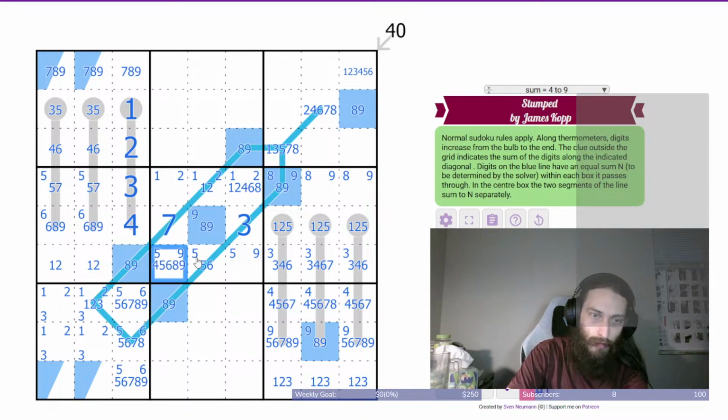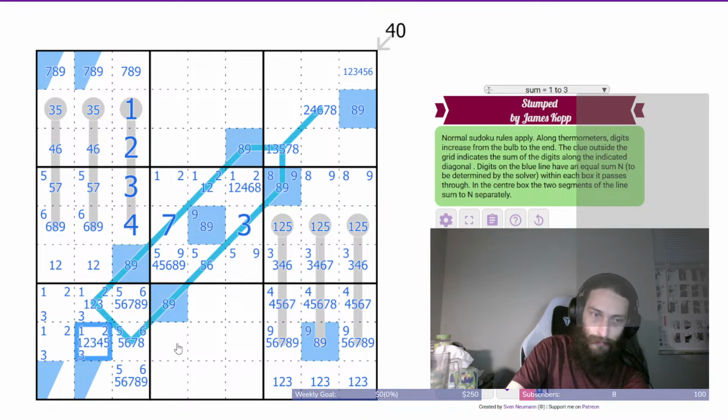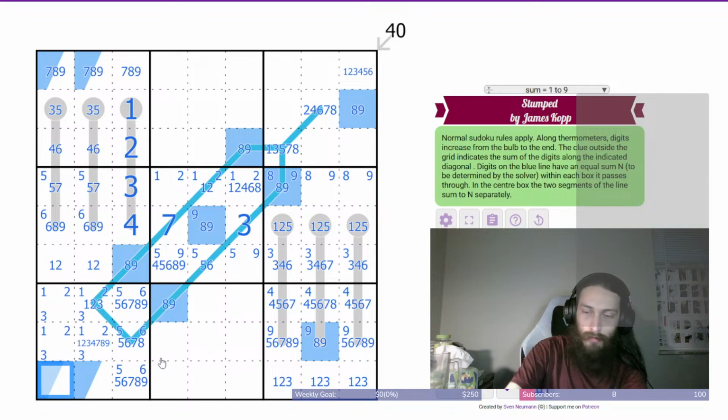1, 2, 3, 7. Six, 8, and 9 are the maximum there. 5 and 6 are definitely out of this cell. 2 and 3 are out of this one for sure.